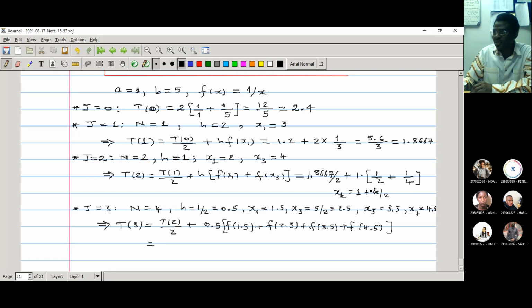So you can just compute this, right? This is easy to compute, so you can use your calculator and quickly compute that value, and then you take that value. So what is the value you get?